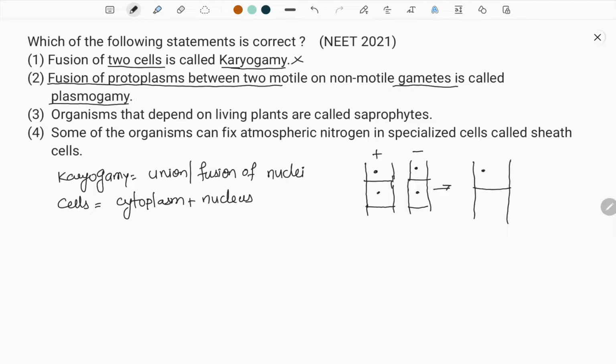That is, karyogamy does not take place. Two nuclei remain separate as plus and minus. So here karyogamy is delayed. Karyogamy is delayed. Only plasmogamy takes place.